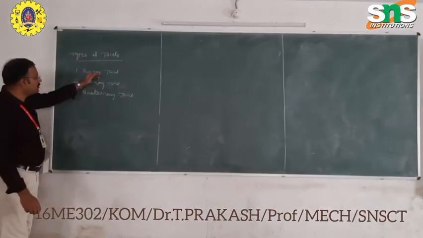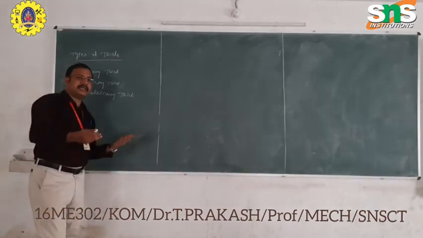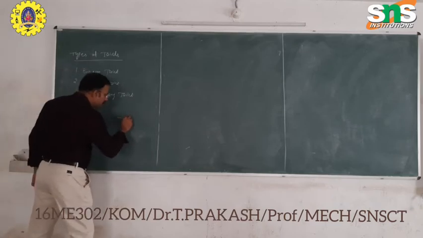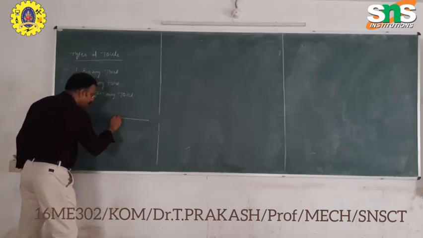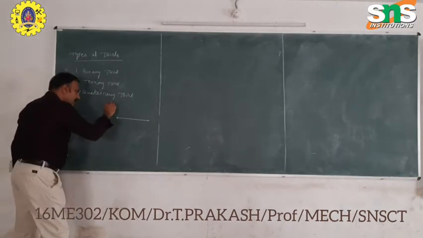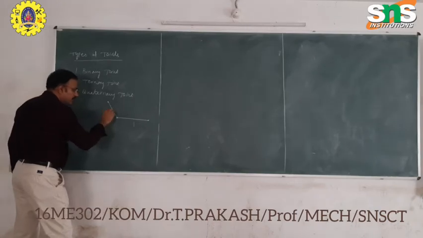We have to define these joints, and only then will we be able to design the mechanism or the kinematic chain in a mechanism. Therefore, a binary joint is nothing but a single link connected to another link: the first link is connected to the second link.